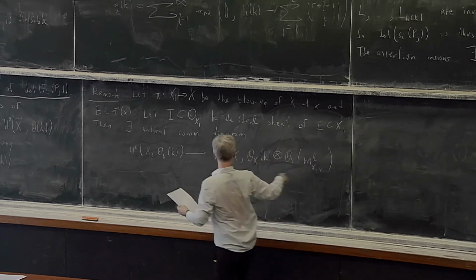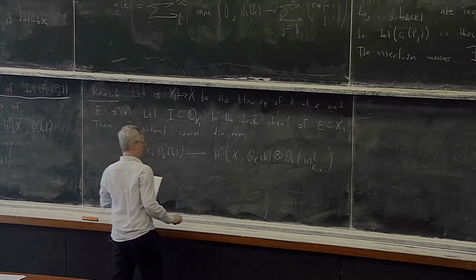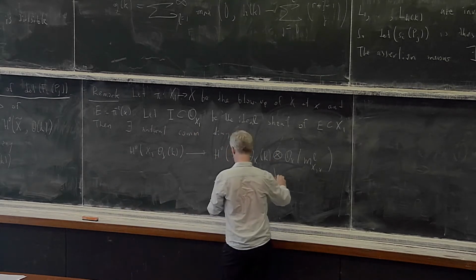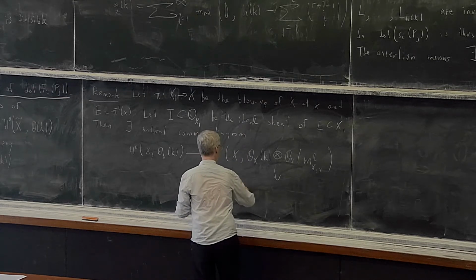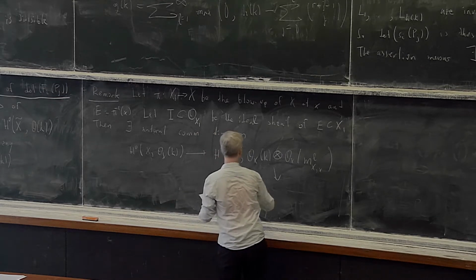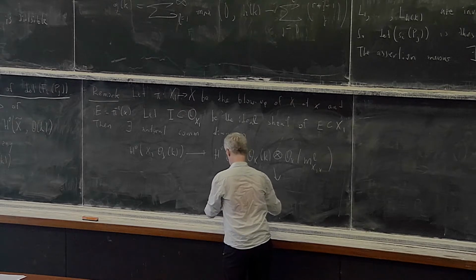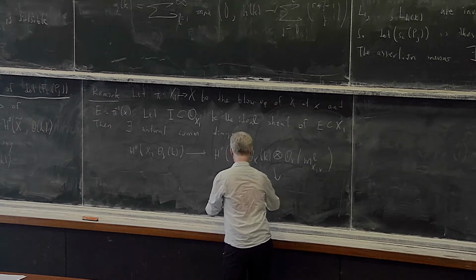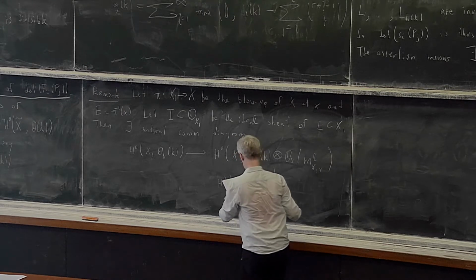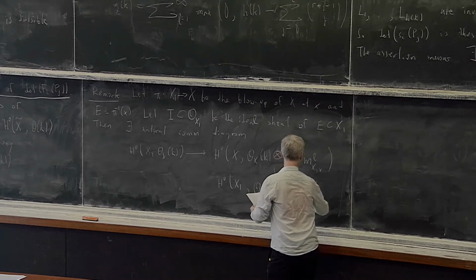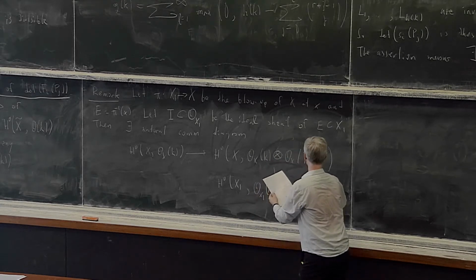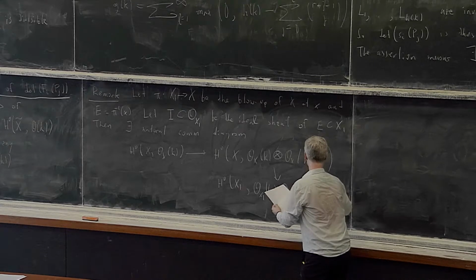So this has support in a point, and then I move it back to H0 of X_1, and then I have O_{X_1}(k), and then a tensor, but then I get this ideal sheaf instead, so it will be I^{L} of X_1.